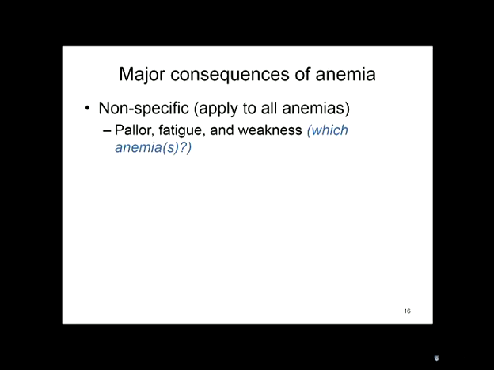It doesn't matter. The important thing is global effect on perfusion of tissues, right? So the tissues are going to look pale because there's less hemoglobin coming in. The person will experience fatigue and experience weakness.